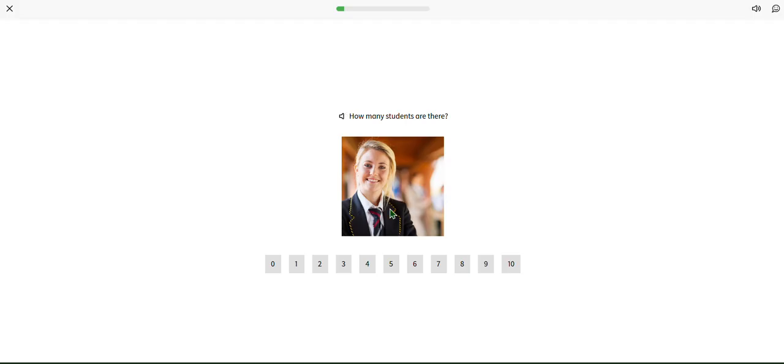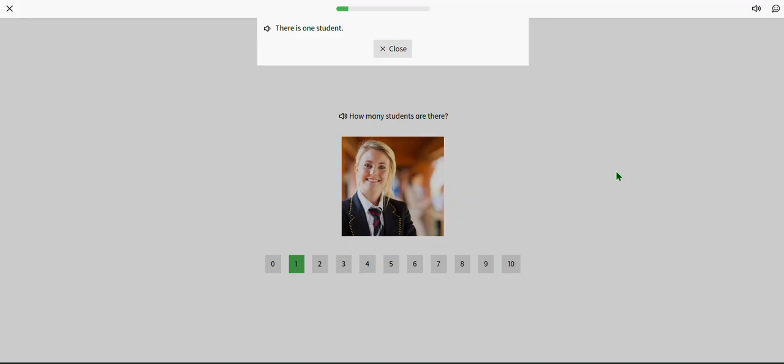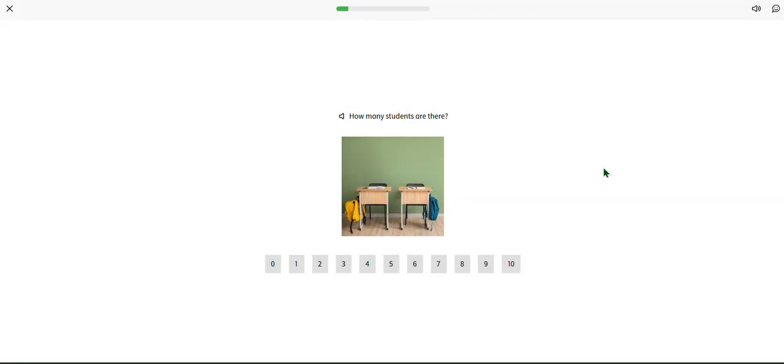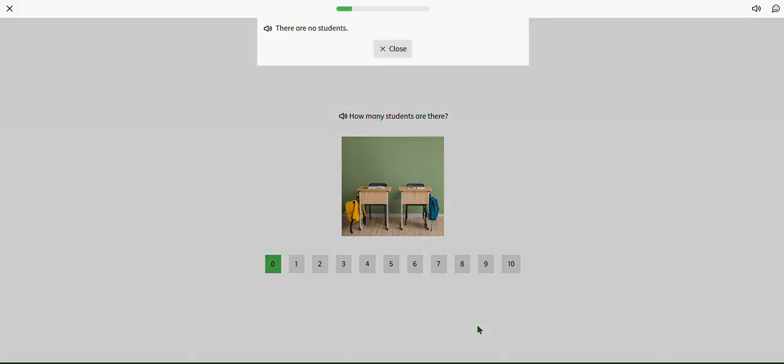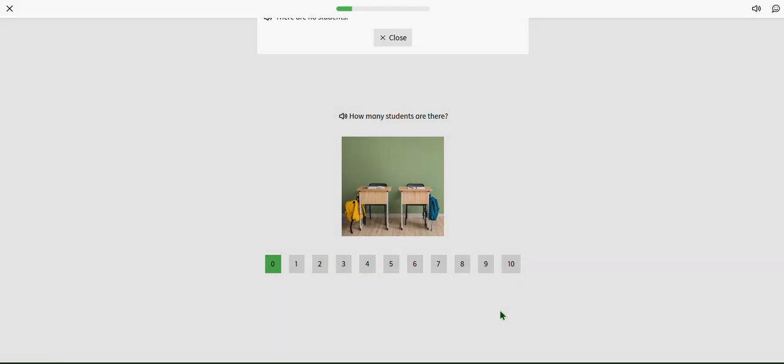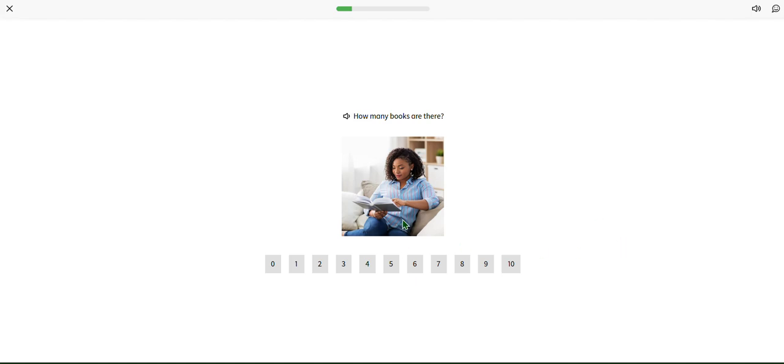How many students are there? Just 1. There is 1 student. How many students are there? I don't see any students. I see a desk, or 2 desks and 2 chairs and 2 backpacks, but no students, so 0. There are no students.